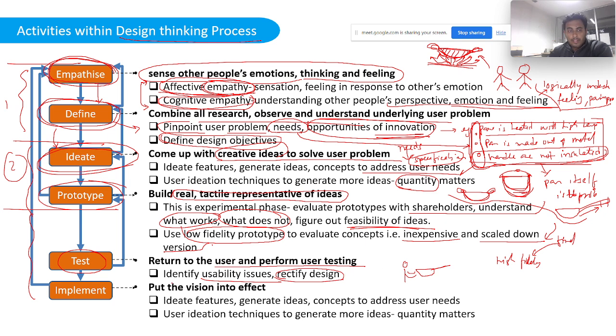Okay, and after testing, if your concept got approval from user study, you then finally implement your design. By implementation I mean, if it is a commercial product, you commercialize. But if it is not a commercial product, you probably give it to the end user. But in the implementation phase, you always put the vision into effect.